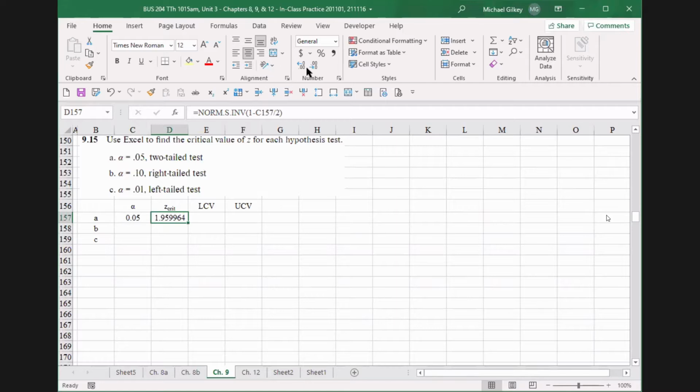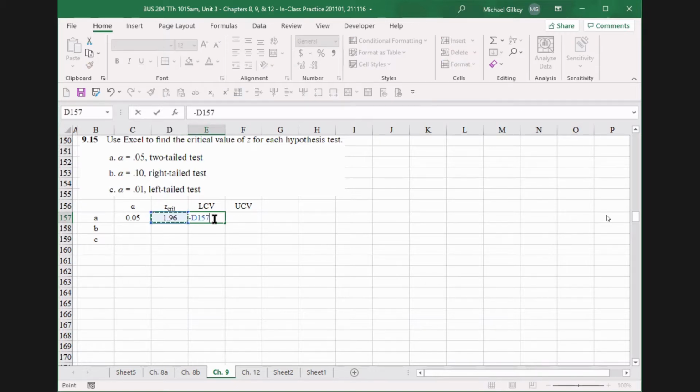You may recognize that number from seeing it before. They did 2 decimals on this one, so I'll do 2 decimals on this one. Our lower critical value is just minus that, and our upper critical value is just plus that.